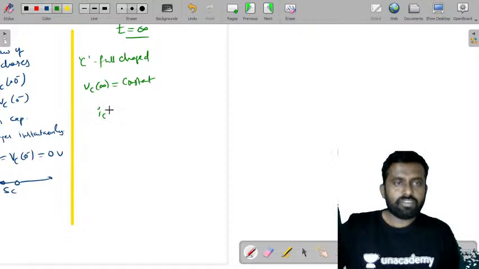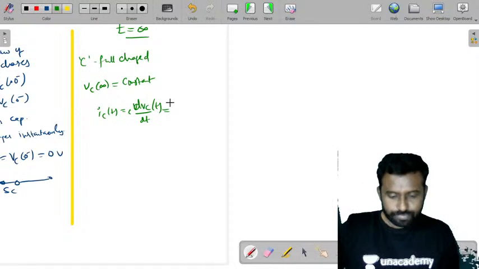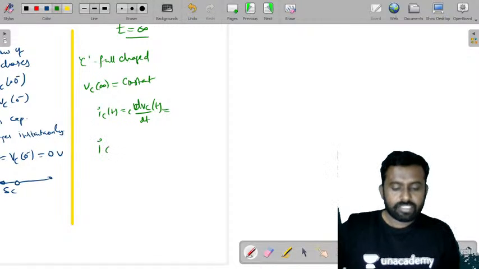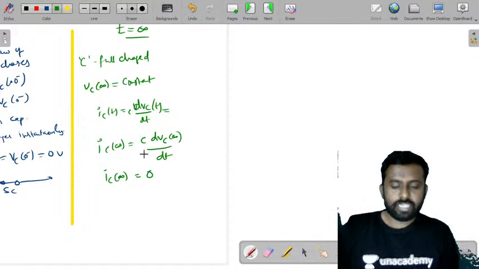So Ic of t is equal to C dVc by dt of t. If you take Ic of infinity is equal to C dVc of infinity by dt, then Ic of infinity is equal to 0 because the differentiation of a constant is 0.